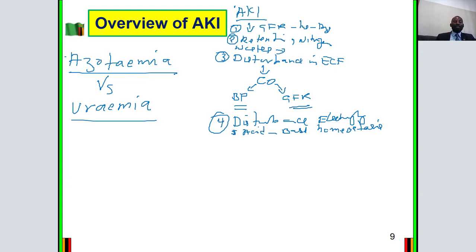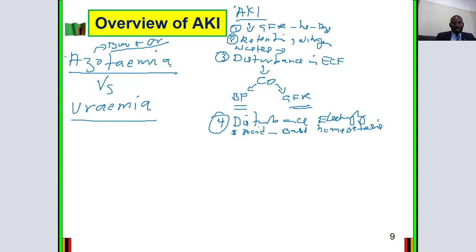Azotemia is an increase of nitrogenous waste products in the blood. And what are these nitrogenous wastes in the blood that we're talking about? We are talking about blood urea nitrogen and creatinine. Now, the increase of these nitrogenous waste products in blood without symptoms. So azotemia is asymptomatic.